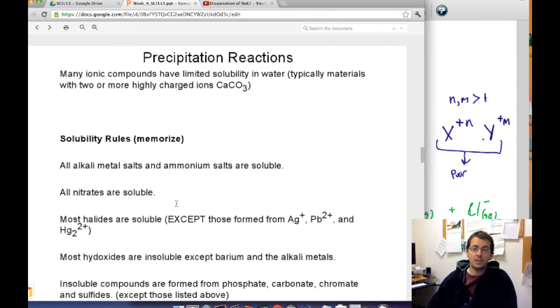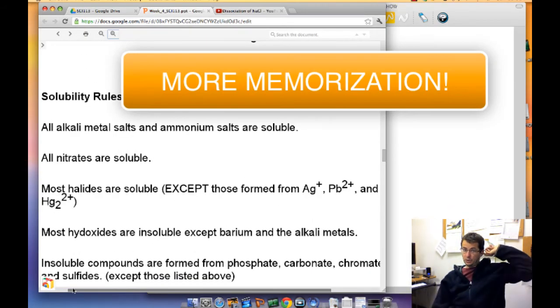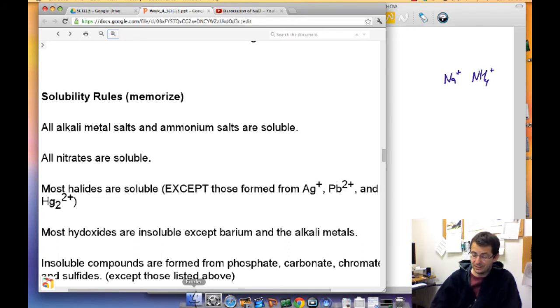All right, so what are the solubility rules? Solubility rules are as follows, and you should memorize these. All alkali metal salts and ammonium salts are soluble. Again, things that are composed of sodium, ammonium. Again, look, monovalent. Any salts composed of that are likely soluble.